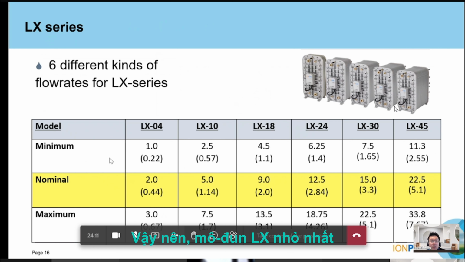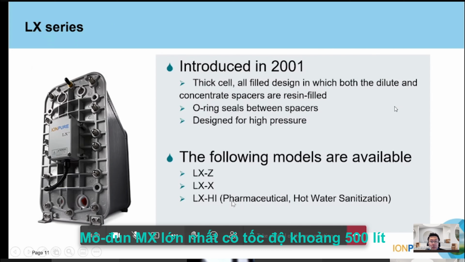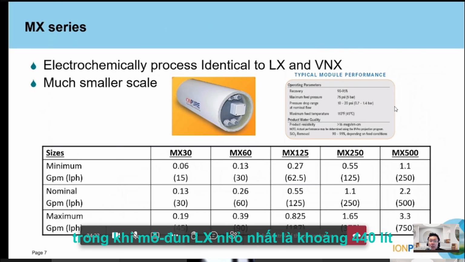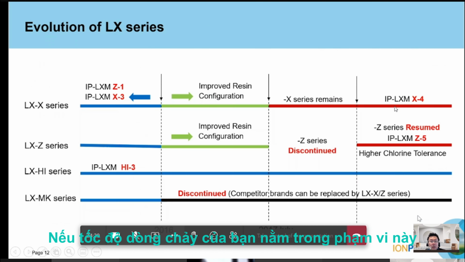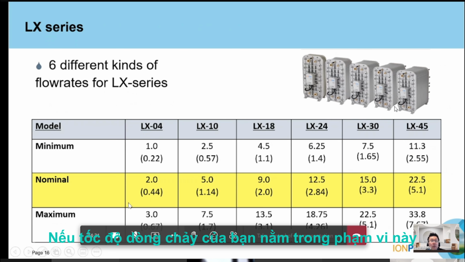The smallest LX module overlaps with the biggest MX module. The biggest MX module is around 500 liters per hour, and the smallest LX module is about 440.